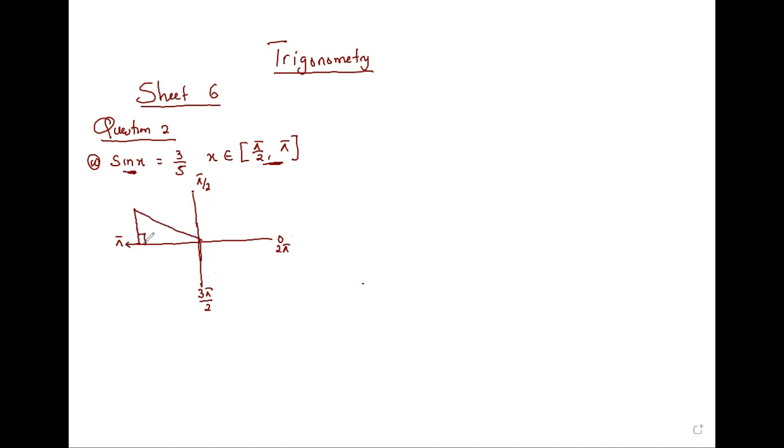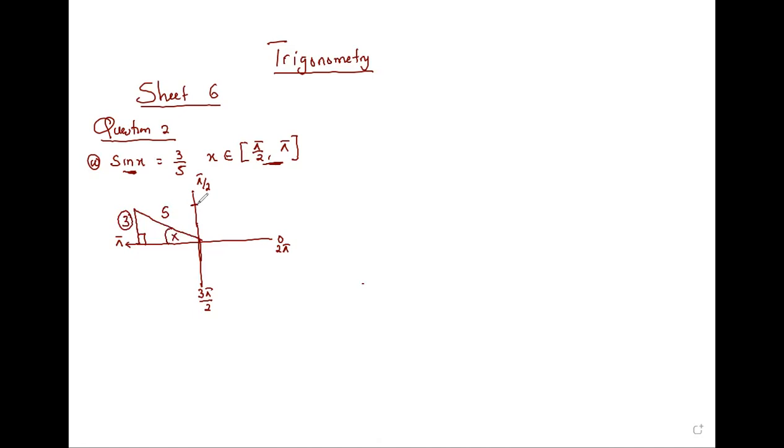So this is 90 there, and then your x here. Now, since this is sine, we have opposite, which is 3, over hypotenuse, which is 5. This 3 you are seeing here is actually supposed to be written here because it's a distance on the y-axis. But you're writing it there so that we're able to see it properly, that it's the opposite to the angle.